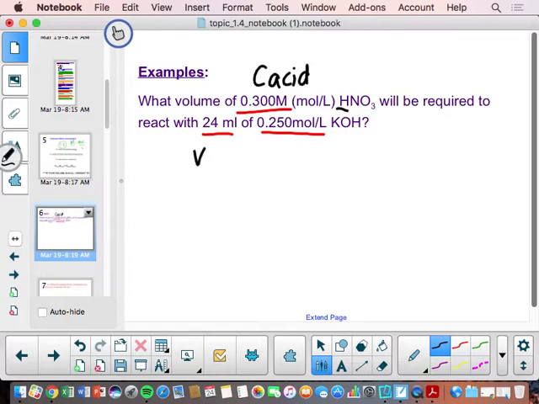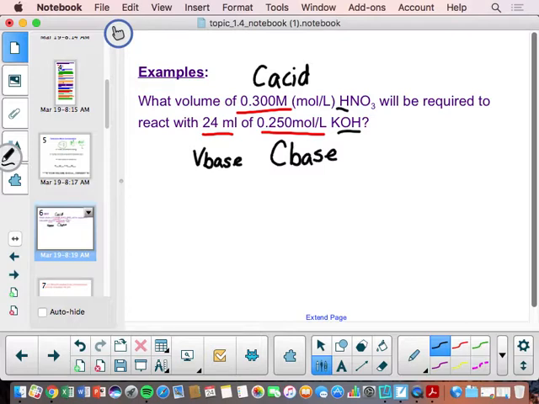This would be a volume, and that's a volume of our base. Why? Because KOH is our base. And that base is at a 0.200 concentration, so we would write C base for that one. Alright? So we've got our C acid, V base, and C base. The piece we're missing is our V acid.